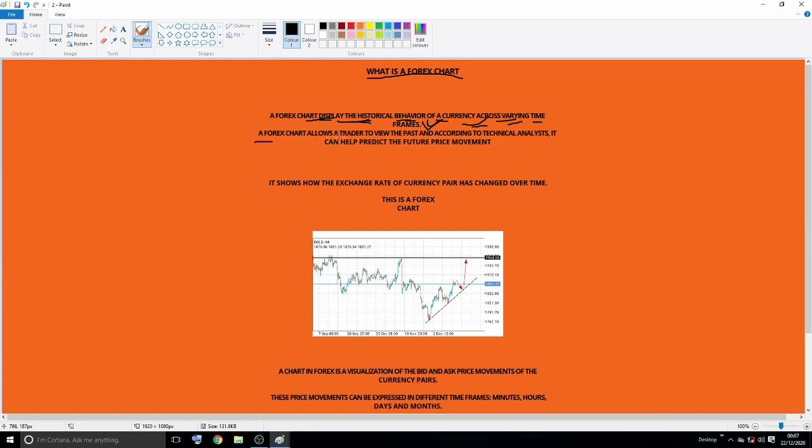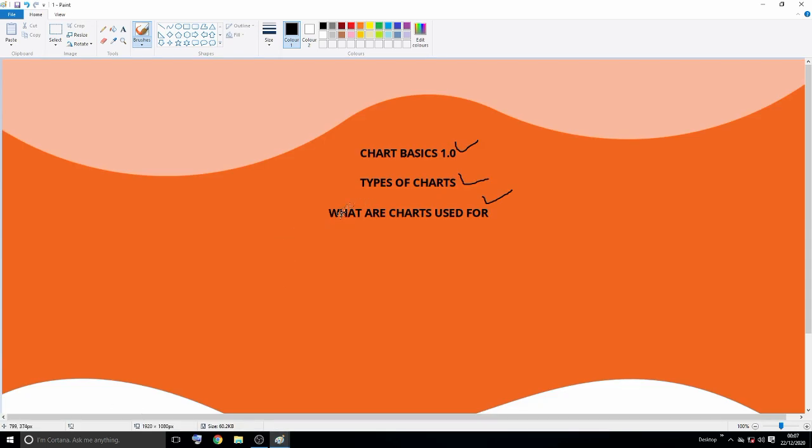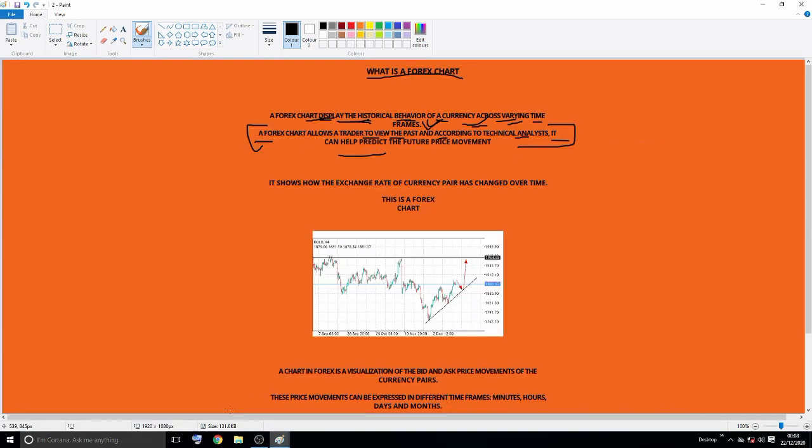A forex chart allows traders to view the past, and according to technical analysis, it can help predict the future movement. So this is one of the uses of the forex chart.